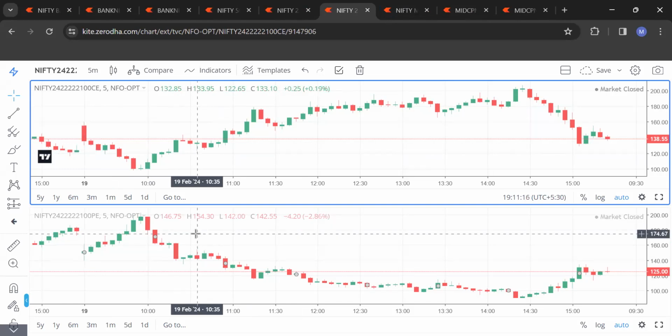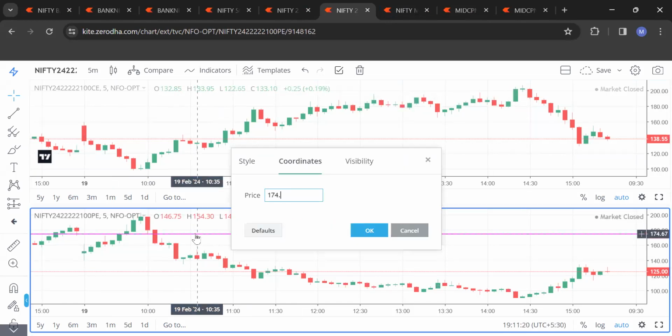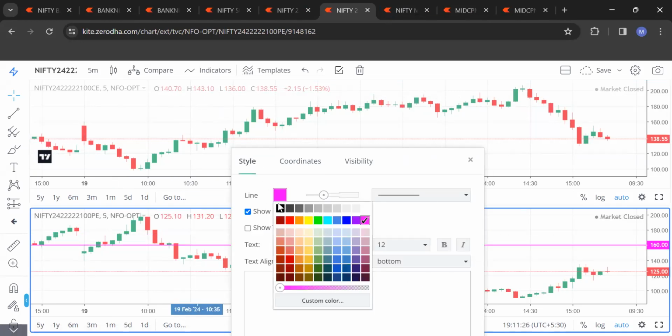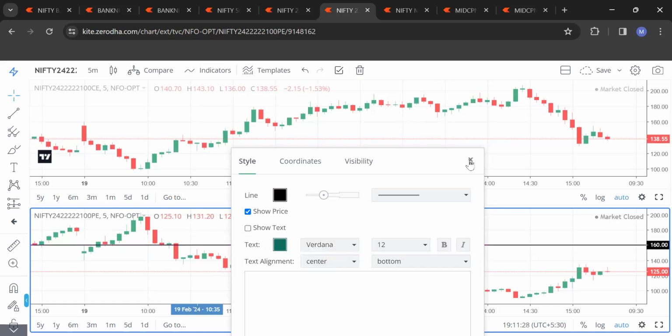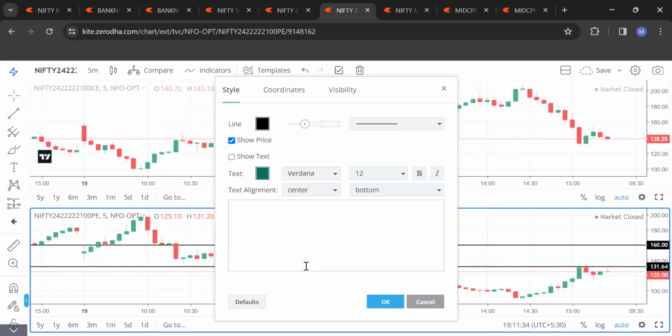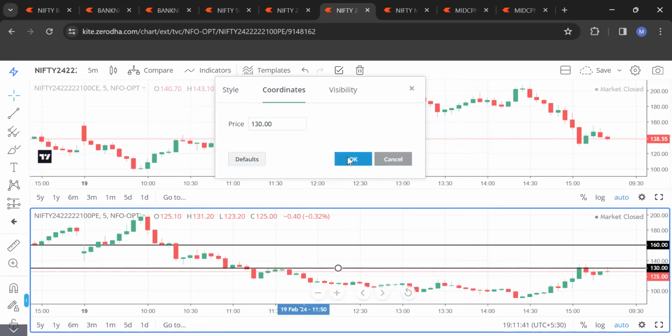160, 130. We will mark it with black lines. And the second one is 130.